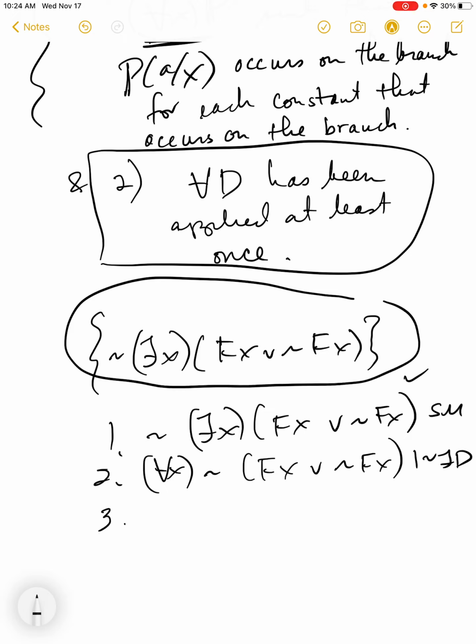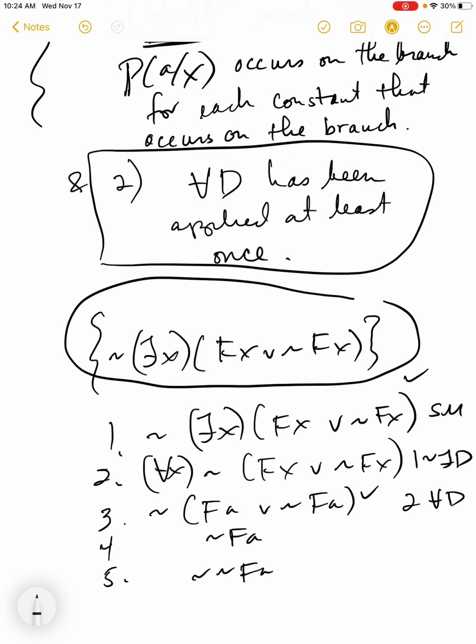So you've got to apply it at least once, so you end up with not FA or not FA, and I get that from 2 by universal decomposition. Then when I apply negation disjunction decomposition, I get not FA and not FA, and I get that from 3 by negation disjunction decomposition.